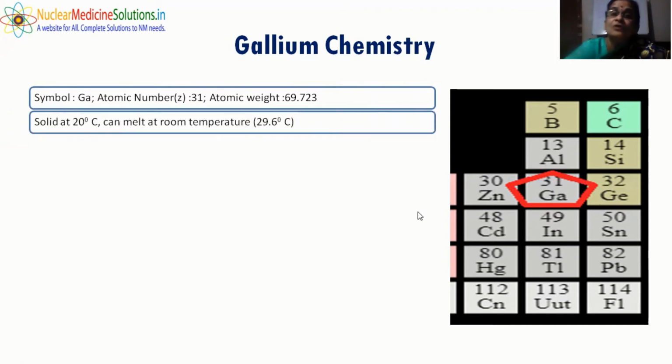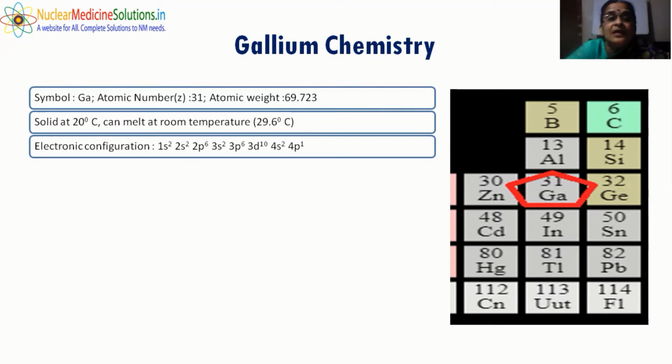It is about the solid and liquid transformation. At room temperature, 20 degrees Celsius, it is solid, and at 29.6 degrees Celsius it becomes liquid. So it melts near room temperature. The physical changeover from solid to liquid is so easy for gallium. It is within this 10 degrees.